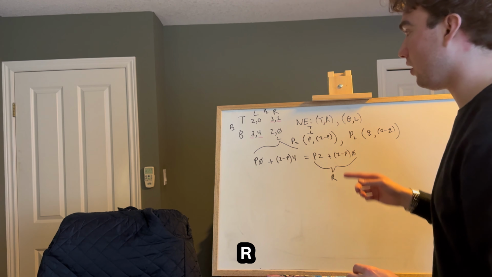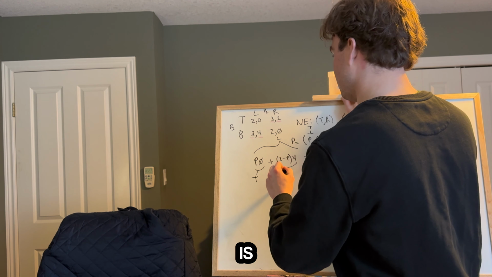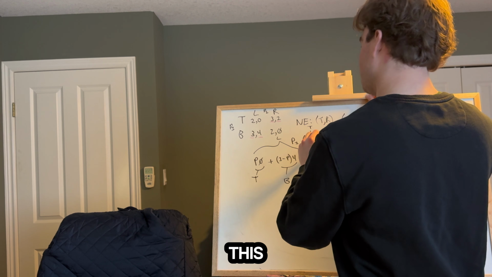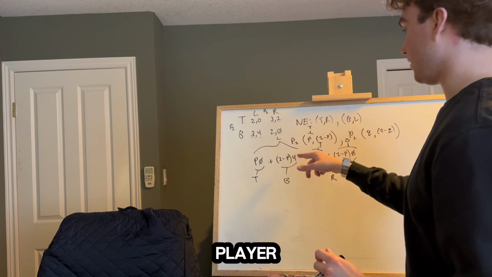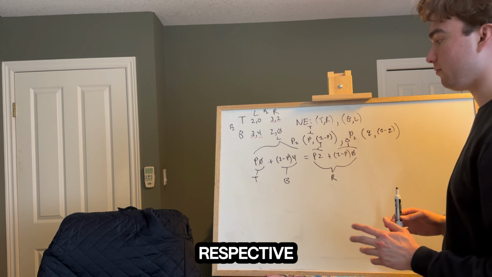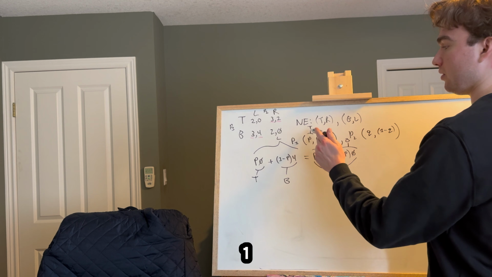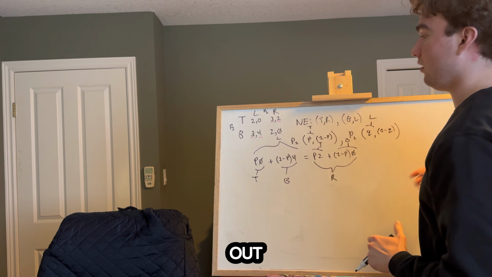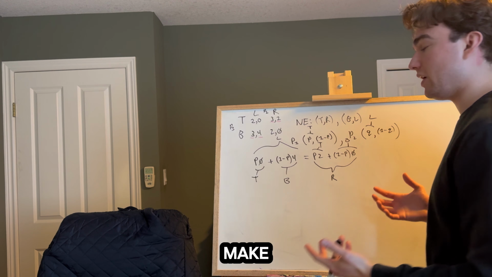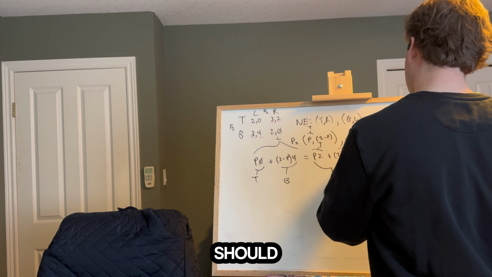This is L and this is R. This is playing top, this is playing bottom, and these are player 2's respective payoffs, okay? Because when player 1 plays P, he's playing top, Q playing L. And it's player 1's job to make player 2 indifferent. So if you solve this, P should equal this.